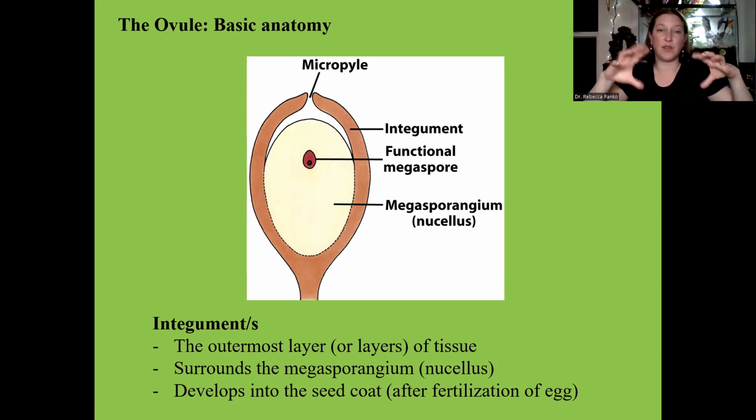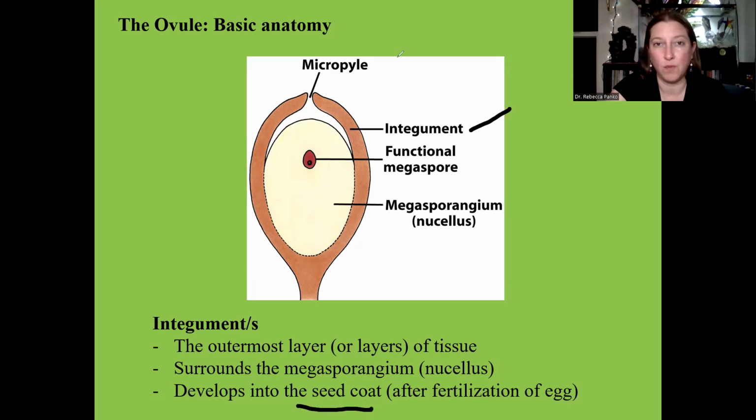But this is going to be serving that protection surrounding the megasporangium, really protecting ultimately the female gametophyte and her egg. Later on, when the egg gets fertilized and the ovule starts to turn into a seed, it's going to be the integument that will turn into the seed coat, but we'll cover that more in detail later.